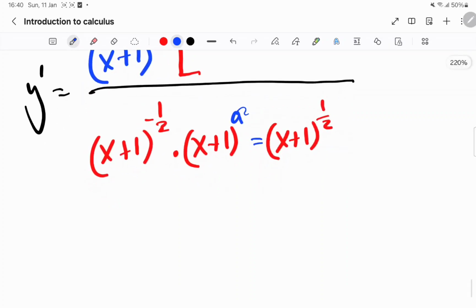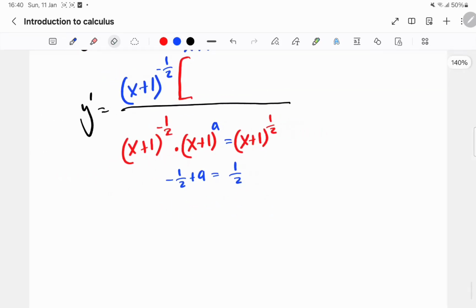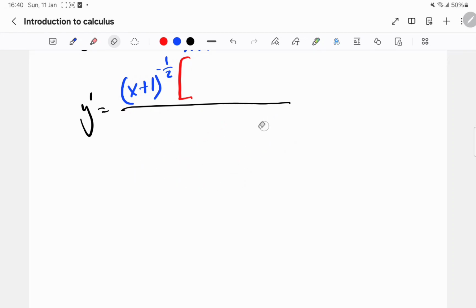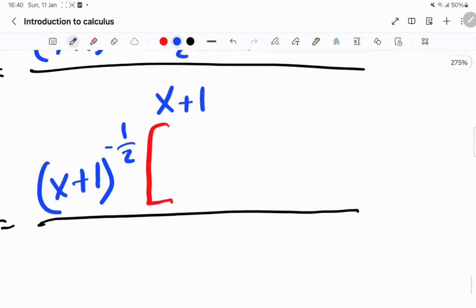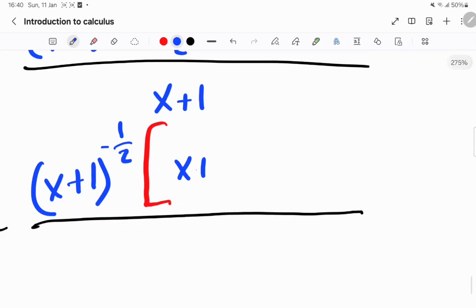You guys remember how when you multiply two things, it's basically the addition of their powers. So negative half plus 1 would give us a half. Okay? Sorry I overcomplicated that. I just wanted to make sure you guys get this step. So it'd just be x plus 1.